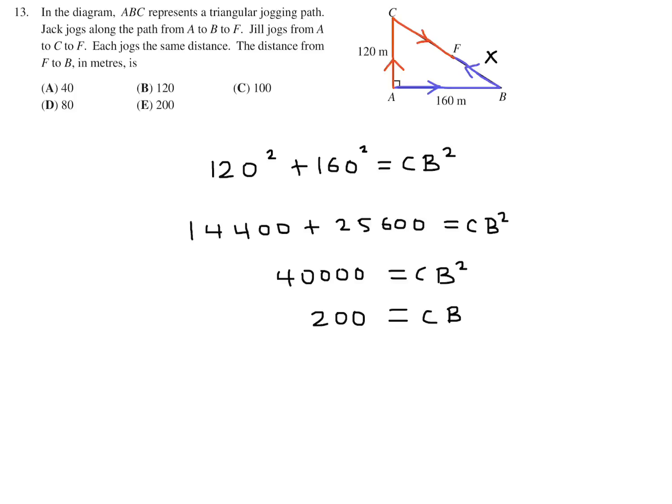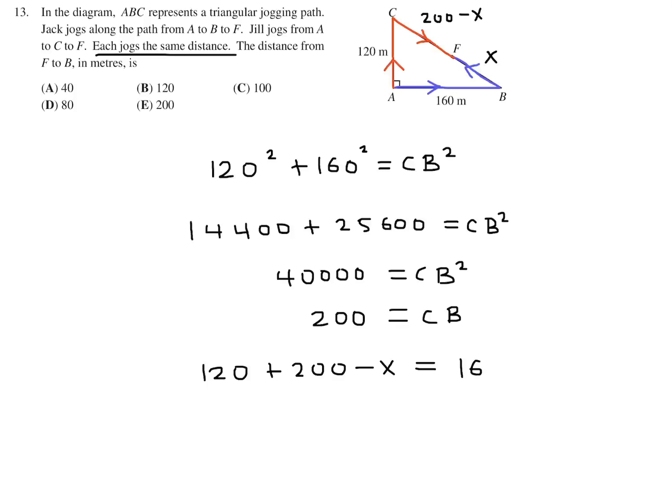So that means this CF is 200 minus X, since I denoted FB to be x. Now remember, the distances that they jog are the same. So that means that the red path that I drew for Jill, 120 plus 200 minus x, is the same as the purple path that I drew for Jack.